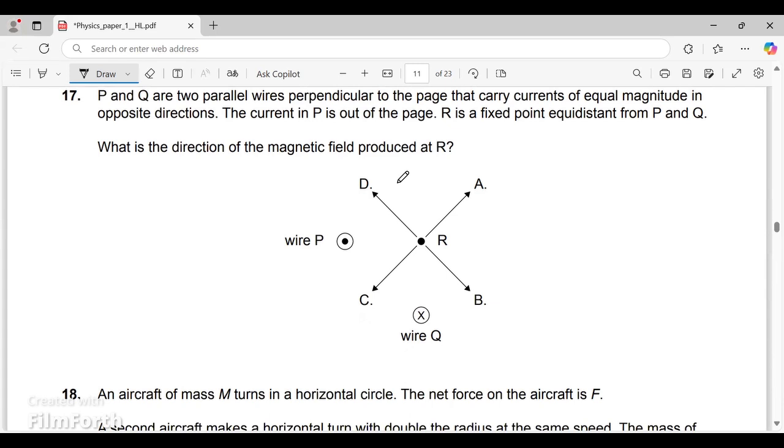On wire P, because of the right-hand rule, the magnetic field is directed to the left, which means upwards. And on wire Q, because of the right-hand rule, the magnetic field is towards the right. And the result, the solution, is A.